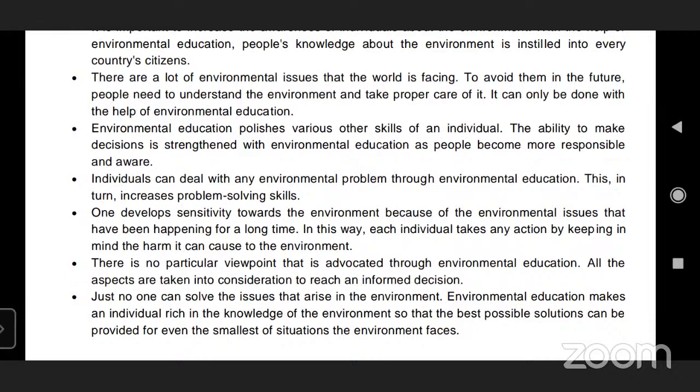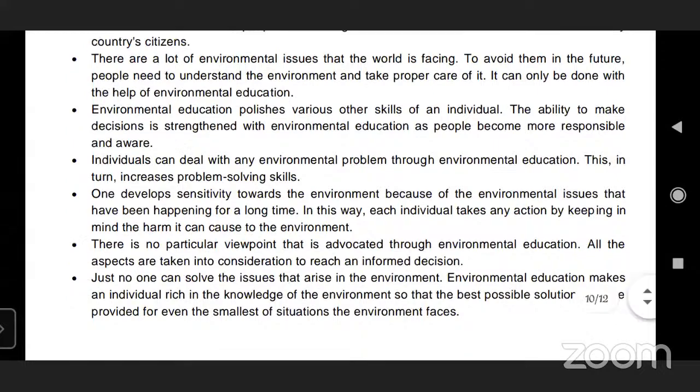Environmental education makes an individual rich in the knowledge of the environment, so that the best possible solutions can be provided for even the smallest of situations the environment faces.